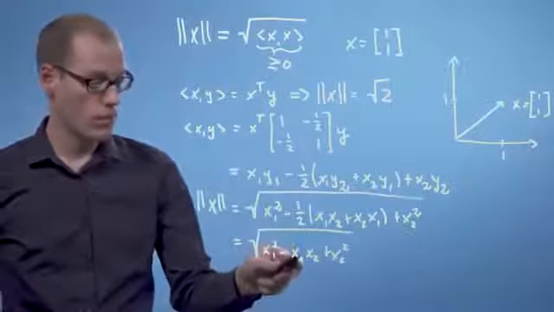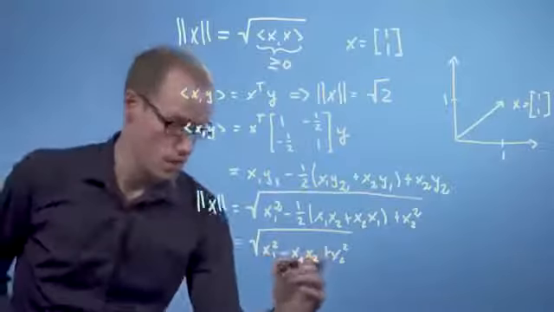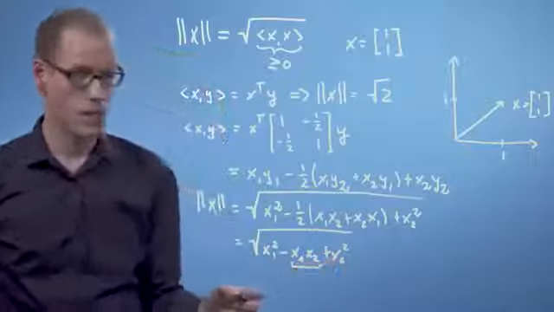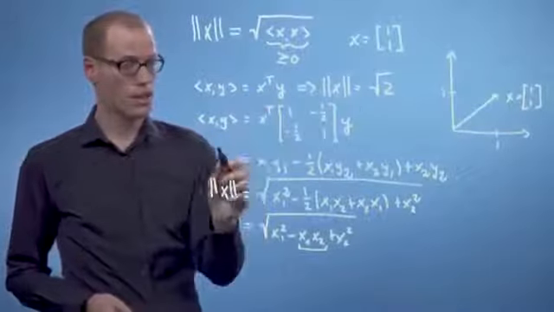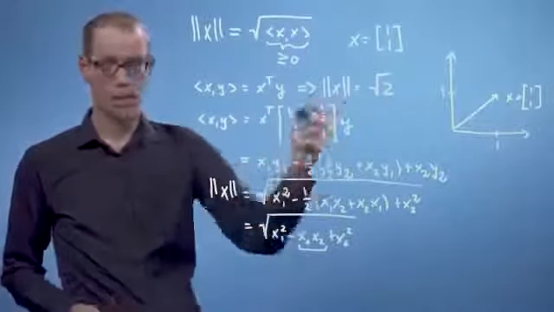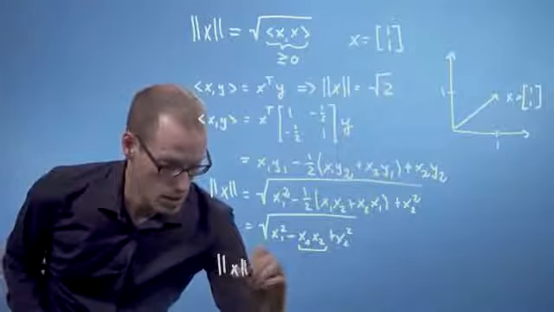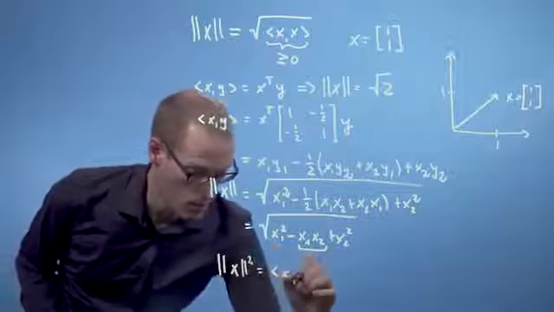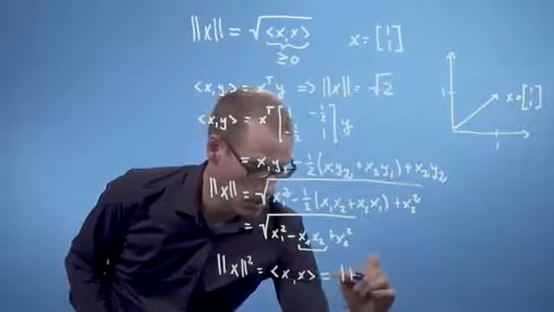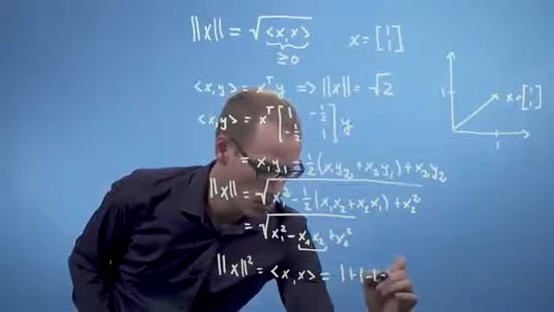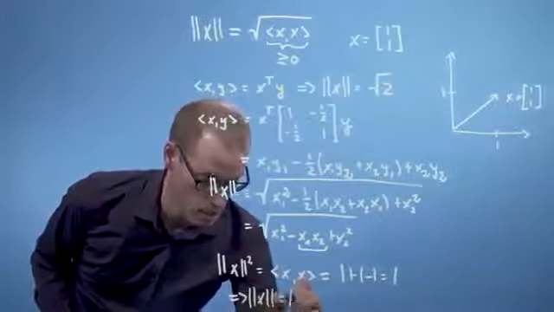And we'll get smaller values than the dot product definition up here if this expression is positive. If we now use the definition of this inner product to compute the length of our vector up here, we will get that the squared norm, or the inner product of x with itself, is 1 plus 1 minus 1, which is 1, and therefore the norm of x is just 1.